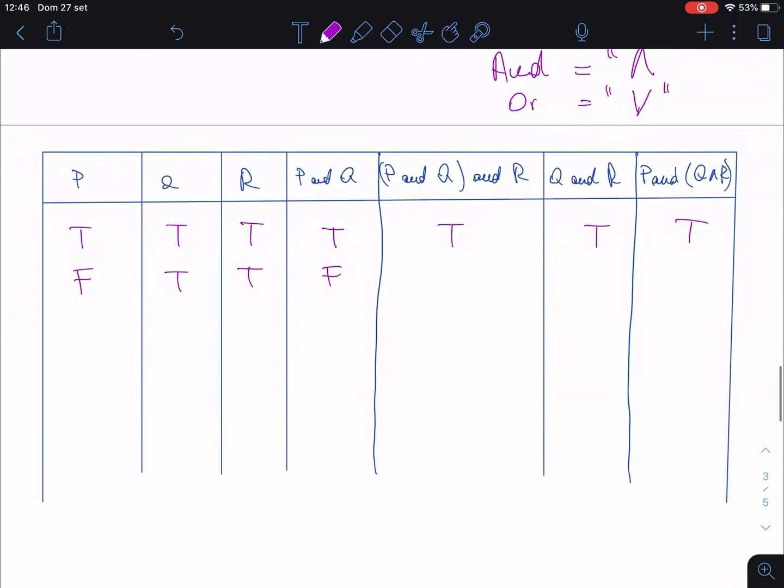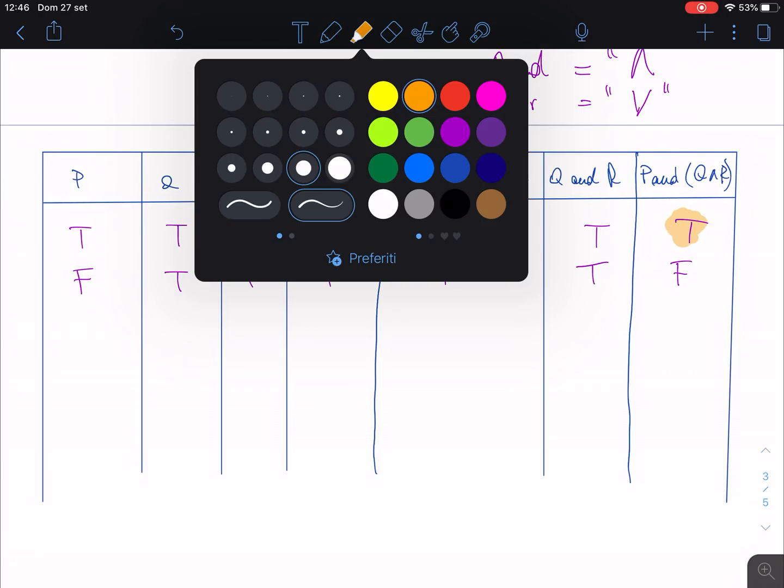So this is false. Q and R is true, because both Q and R are true. But when you connect them with P, since P is false, you end up with a false whole proposition. So notice that the column of P and Q and R and the column of P and Q and R is the same.